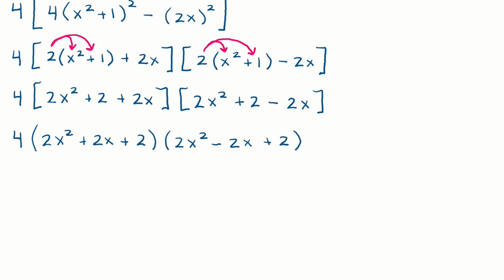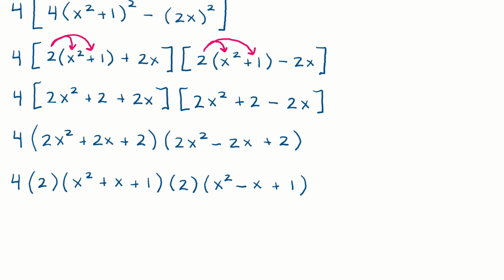And just looking at the two brackets, they both are divisible by 2. So I'm going to factor out a 2, which will make my first bracket x squared plus x plus 1. And when I take a 2 out of my second bracket, that will turn into x squared minus x plus 1.